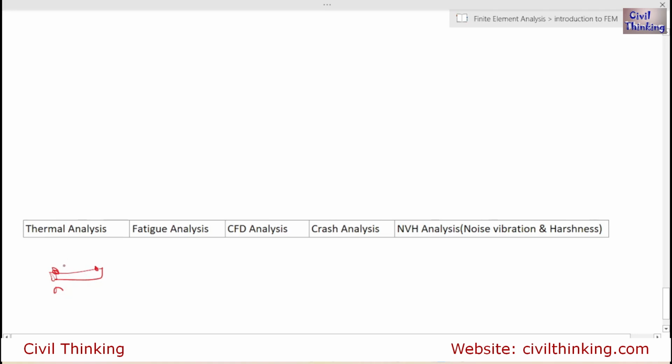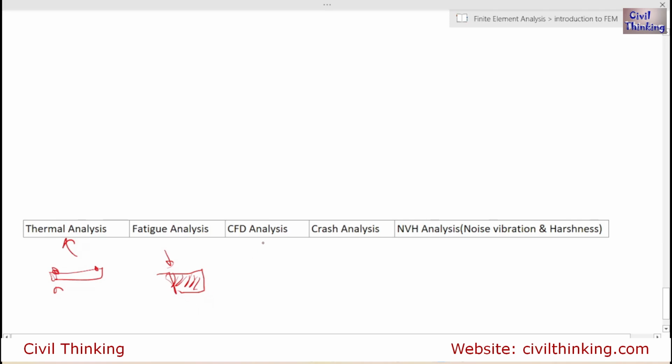So those temperature related things come in thermal analysis. Fatigue analysis comes in when you apply a cyclic load, again and again on a system. That will ultimately cause the failure of the system, so that comes under fatigue analysis.